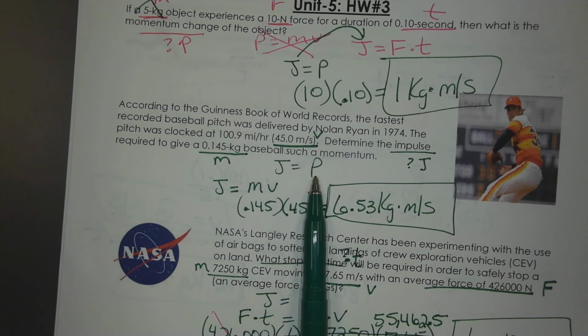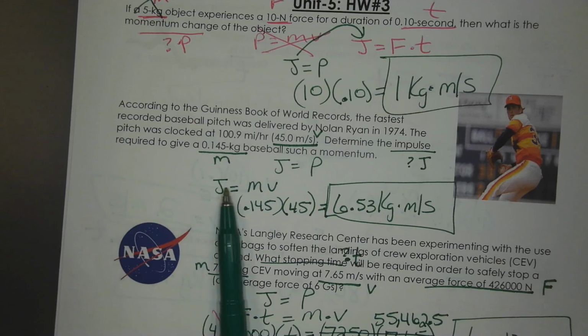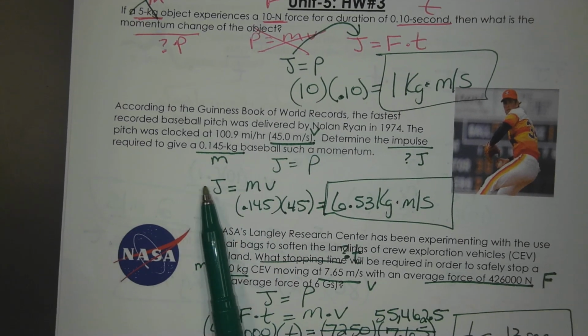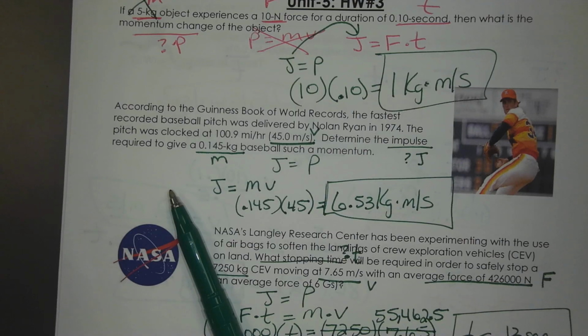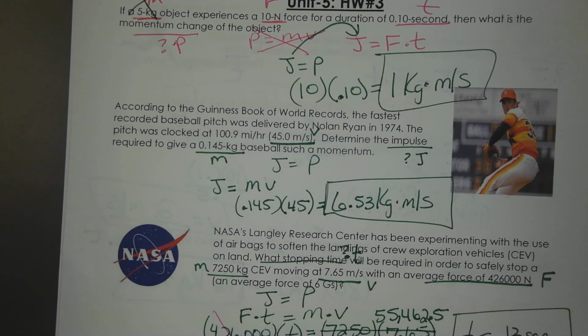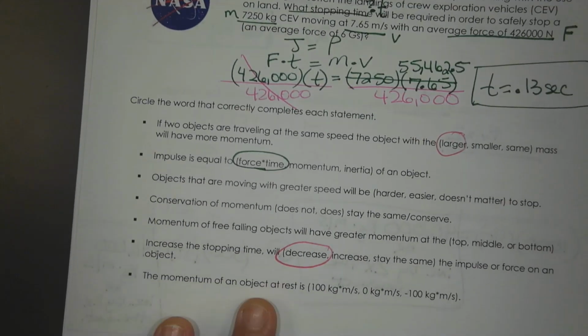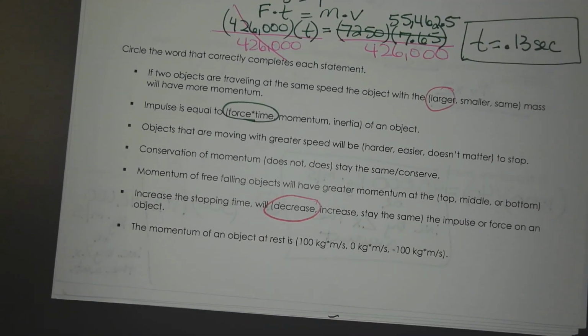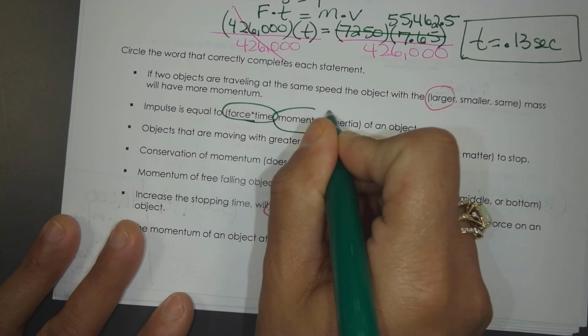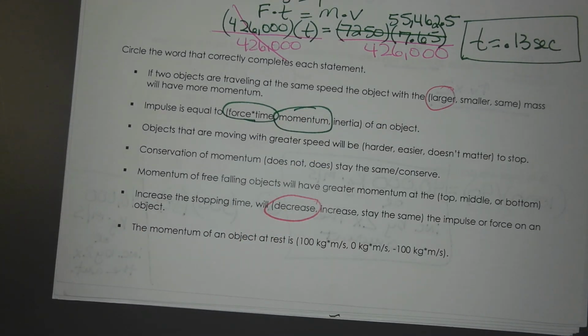We said J equals P, and so we called it J equals mv. Even though we were looking for the J, or impulse, we used the momentum equation. Oh, how about that? So the correct answer is force times time and momentum. Isn't impulse equal to momentum?